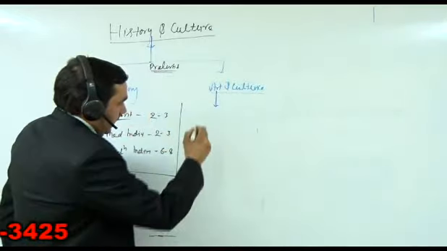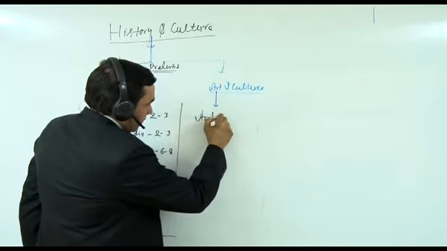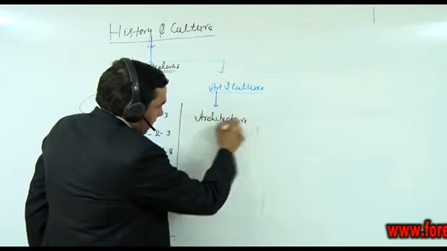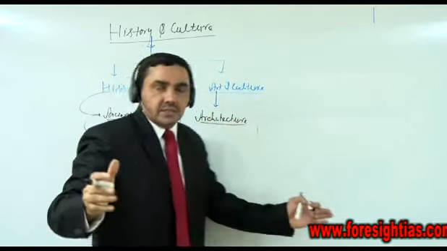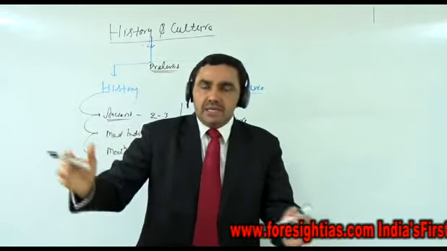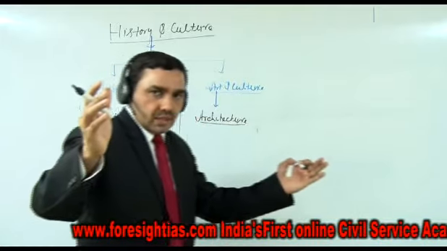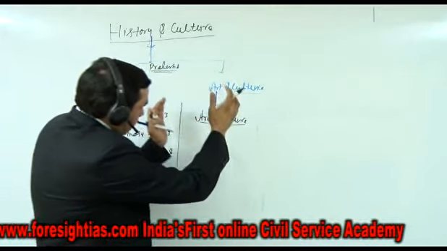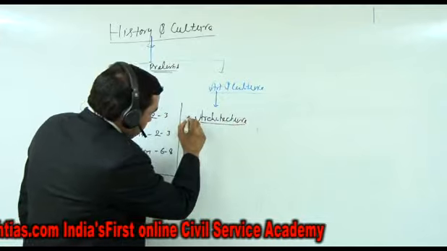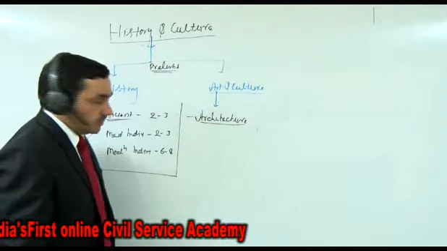For example, a person can express his creativity in the form of architecture. Architecture means designing of buildings, the way buildings are ornamented or decorated. So all those works can reveal the creativity of an individual. So architecture is an important component.